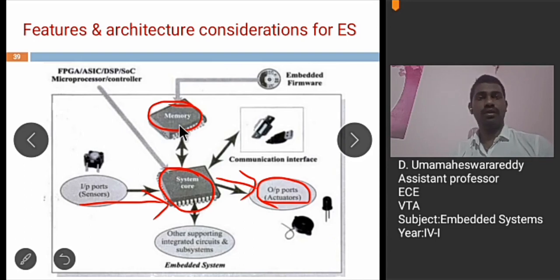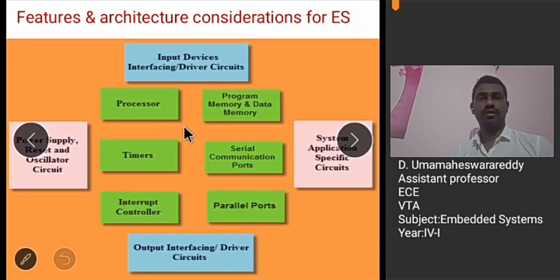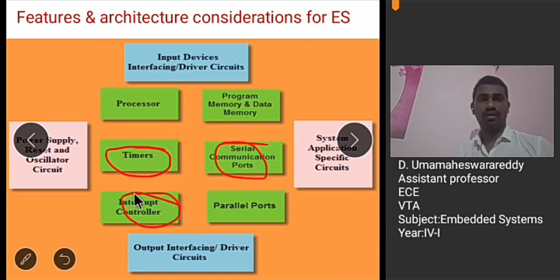Next, coming to the peripherals. The common peripherals we use in embedded systems are timers, watchdog timers, real-time clock, serial communication interfaces, interrupt controllers, analog to digital converters, and digital to analog converters. We studied the peripherals in MPMC, although I will give a brief description of these peripherals. First, timers. For what are timers used?